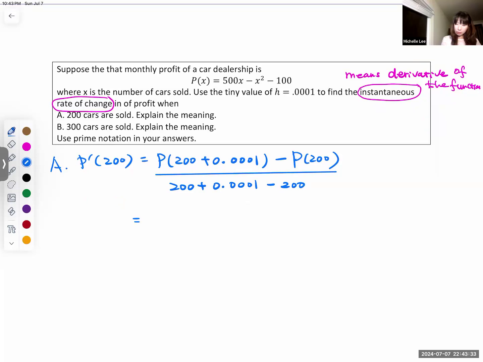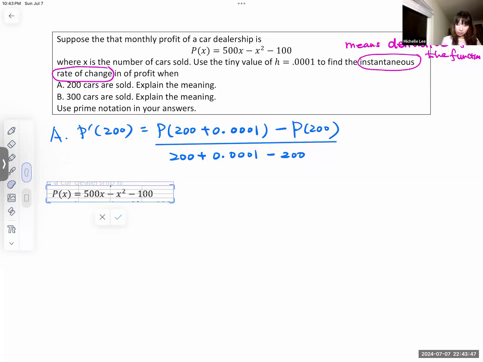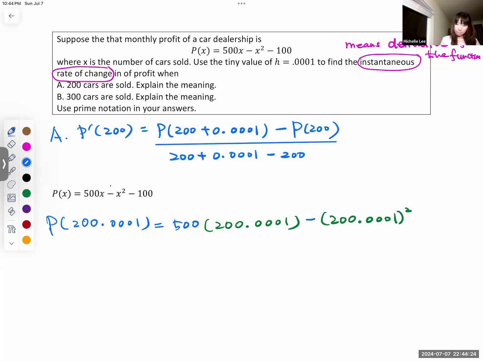Let's find out this one first. So P of 200.0001 equal to 500 times 200.0001 minus 200.0001 squared minus 100.